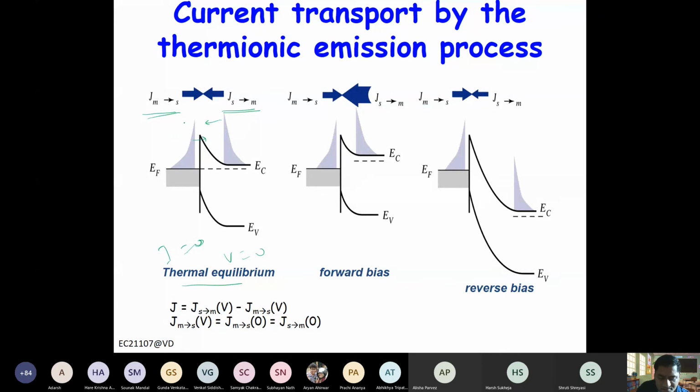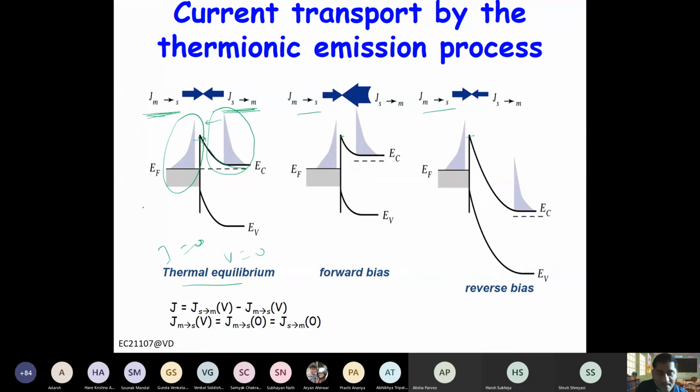Since we do not have a way to measure this current, we have derived the expression for the current from such kinds of barriers. So we can say that at equilibrium, the current from semiconductor to metal and metal to semiconductor are the same. Now this barrier is not changing, so this metal-to-semiconductor current remains the same.